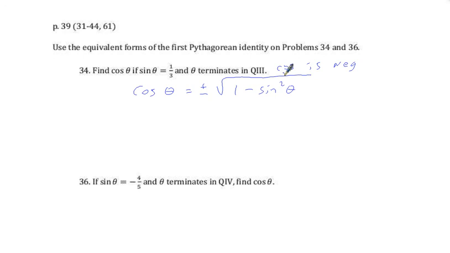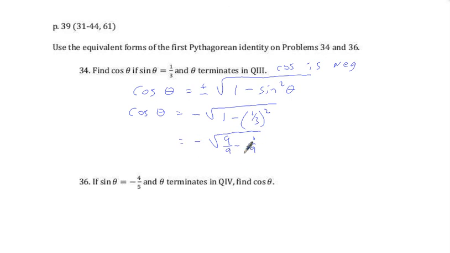And we said that cosine was negative in quadrant 3, so in our problem, cosine theta is going to be negative the square root of 1 minus, and they gave us that sine was 1/3, but that is going to be squared. When we square 1/3, that's going to be 1/9. So I want to rewrite 1 as 9/9. That way we have the same denominator and can simplify easily.